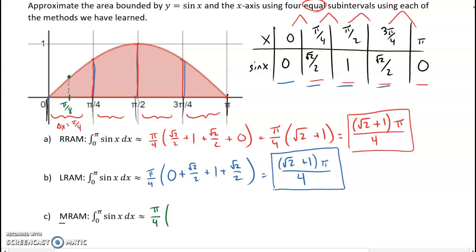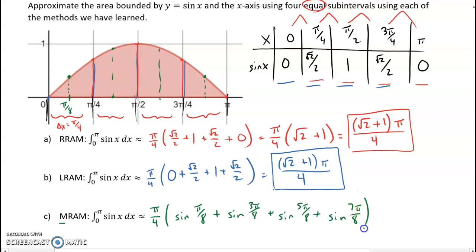So that height right there is going to be the sine of pi over 8. Then we'll do the same thing to find that the height of the next rectangle is sine of 3 pi over 8. The next rectangle's height is sine of 5 pi over 8. And our last rectangle's height is going to be at 7 pi over 8.